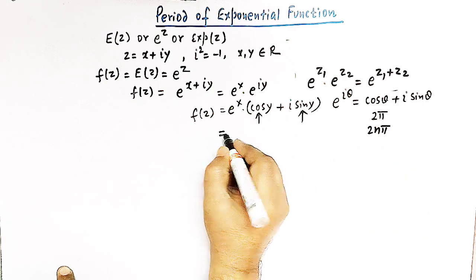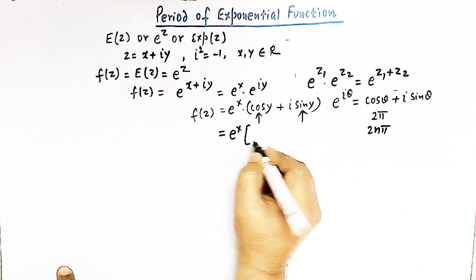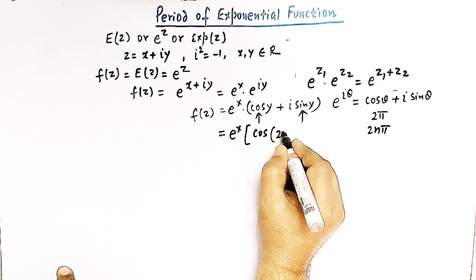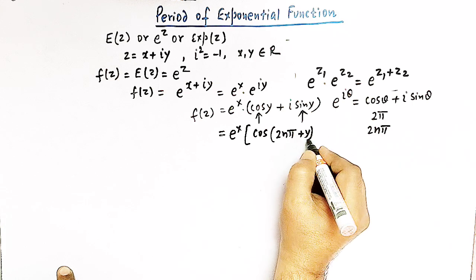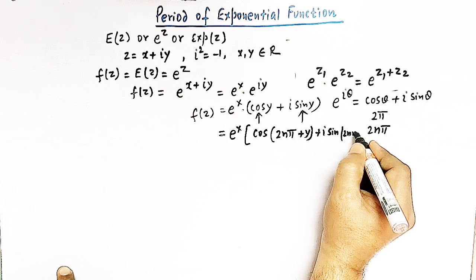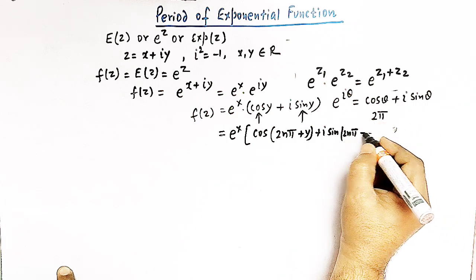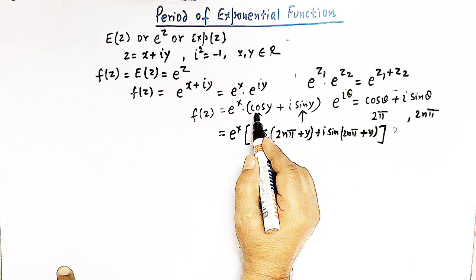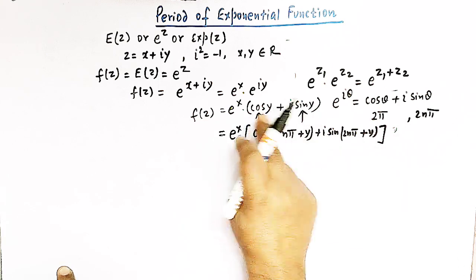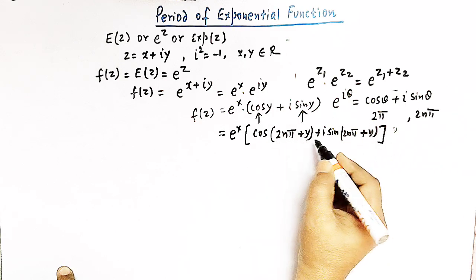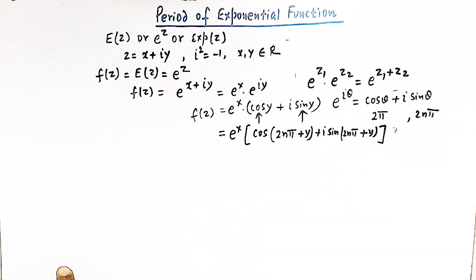So we can now write e raised to x, and here we have cosine y. So cosine y can be written as cosine of 2n pi plus y, and here we have i times sine of 2n pi plus y, right? And here we have cosine y and sine y, and these two functions remain unchanged when we add 2n pi to y, where n is some positive or negative integer, right?